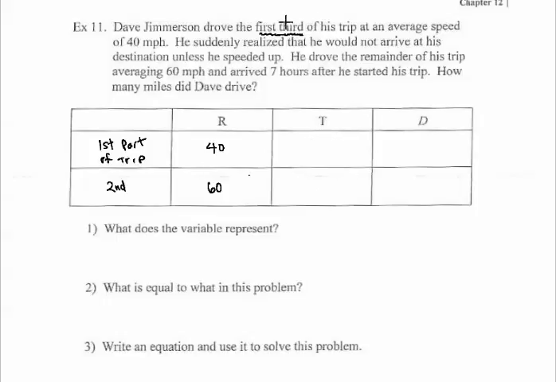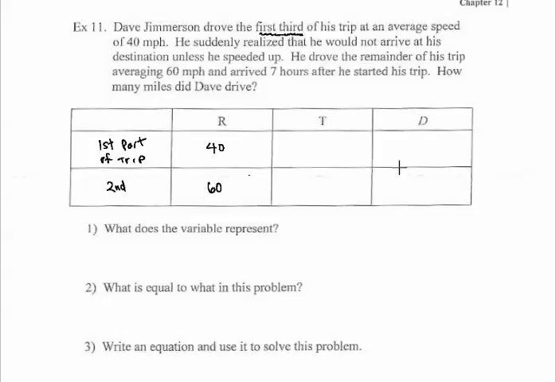But in this case, we're given more information about our distance than the time. The 7 hours can't be used in the T column because this is the total time for his trip, and we don't know how that's divided up between the two parts. So we'll use this as our total, and at this point we'll use our variable to construct our D column.